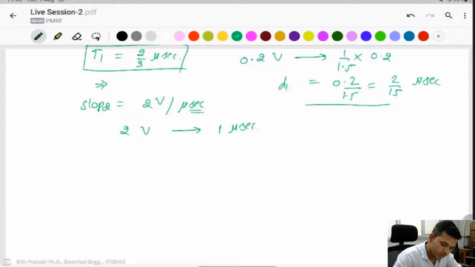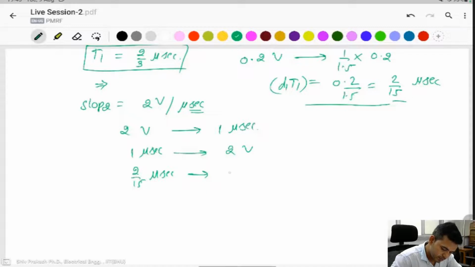In 1 microsecond, 0.2 volt. Then 2 by 15 microsecond, you can find 2 by 15 into 2, 4 volt by 15.